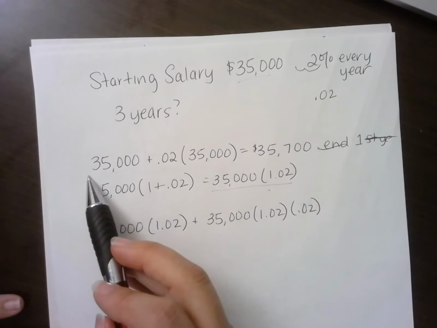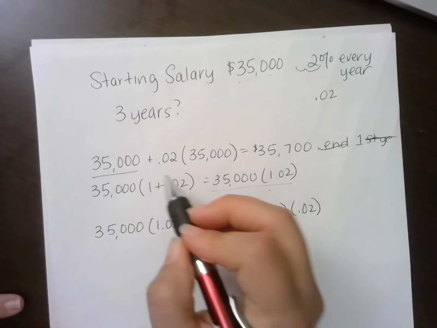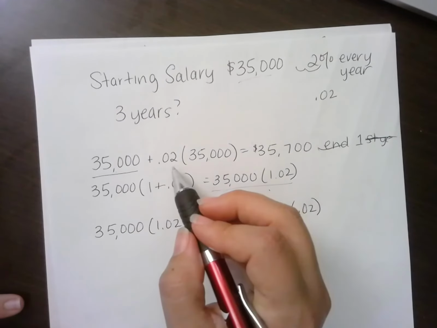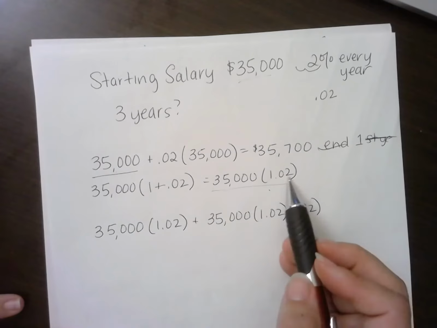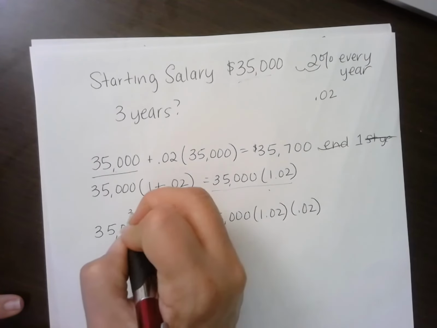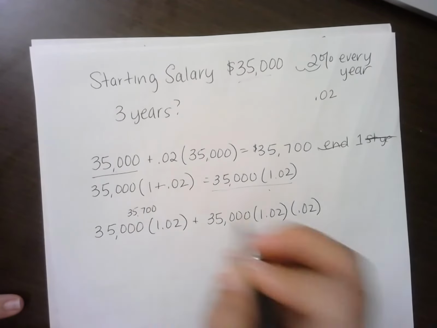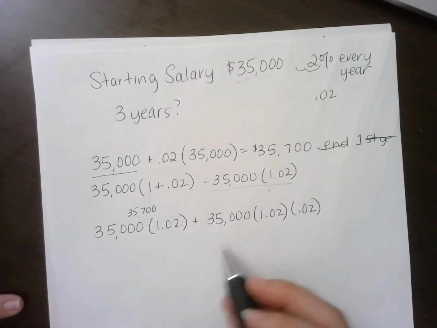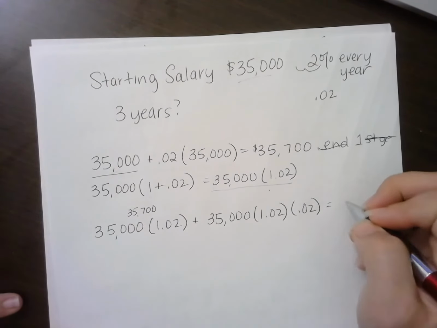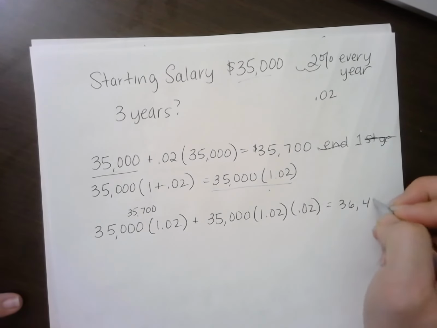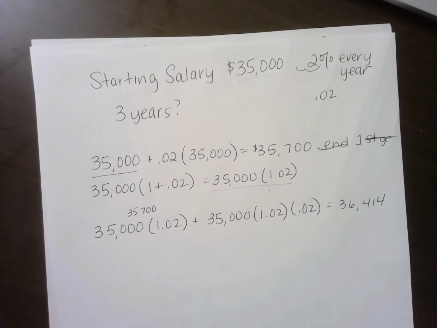Just like I did up here, this was my salary, and then I added 2% of it. I'm doing the same thing here. This is now my new salary, which we know is $35,700. When I put this in my calculator, I think I came up with 36,414. So if we put it in our calculator like this, this is approximately what we should have.